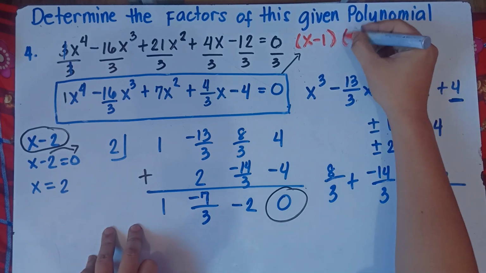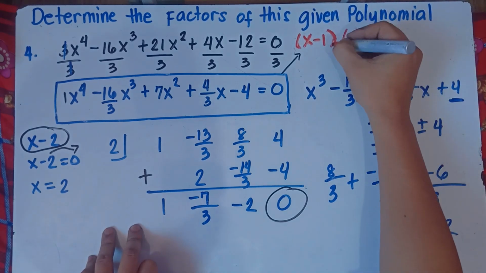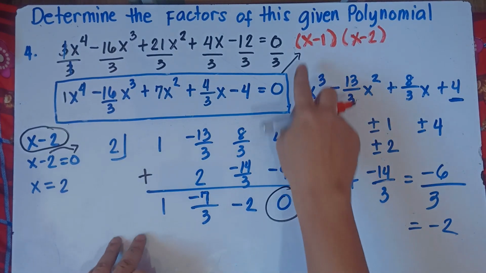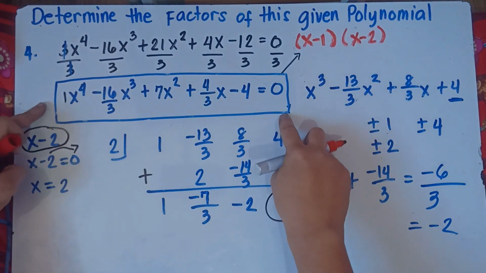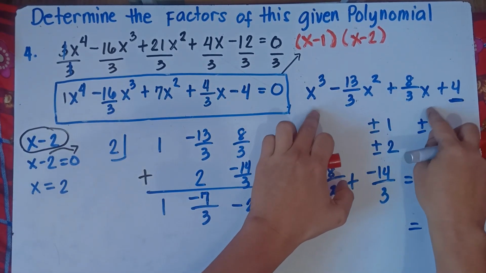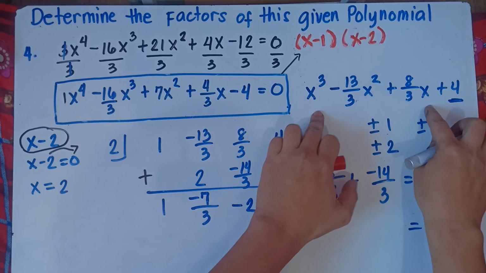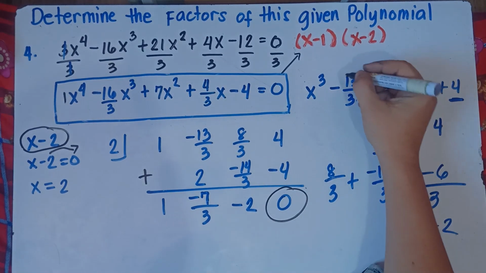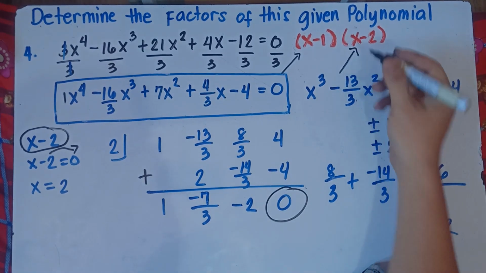So x minus 1 is a factor of the given polynomial, and x minus 2 is a factor of this second polynomial. Quite complicated, right? So x minus 2 is a factor of this given polynomial, class.